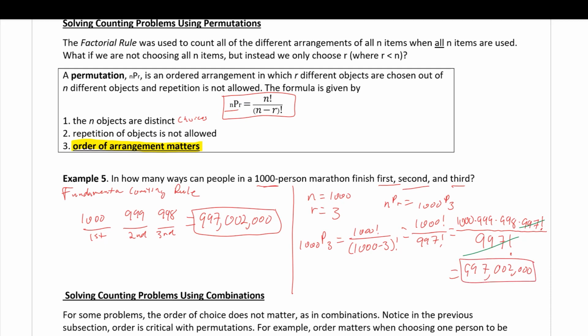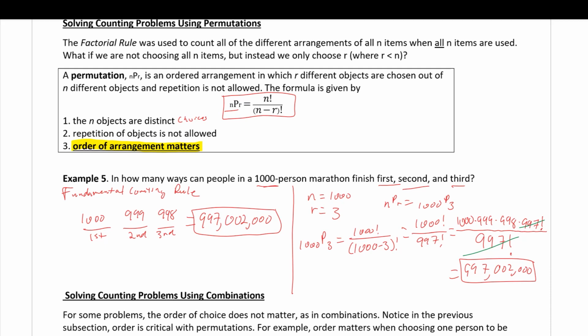Now, which way was easier? Well, it depends, right? This particular problem was easier if you just used the fundamental counting rule, because there were only 3 choices, 3 decisions being made.